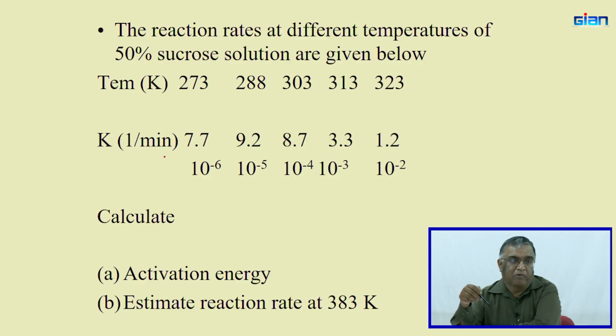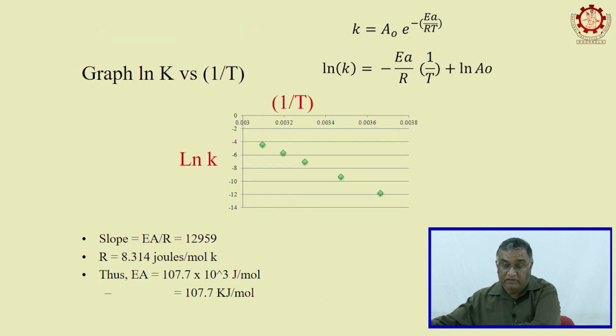You're going to plot the values in the graph, and then calculate the activation energy as a slope, and then you will estimate the value. Once you have the activation energy, you can formulate an equation and estimate the value at a particular temperature.